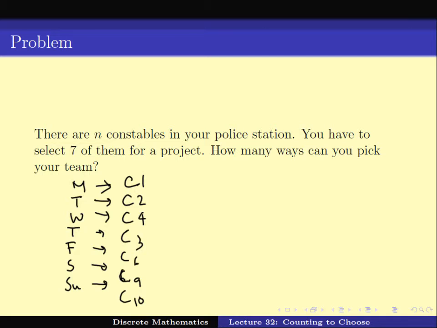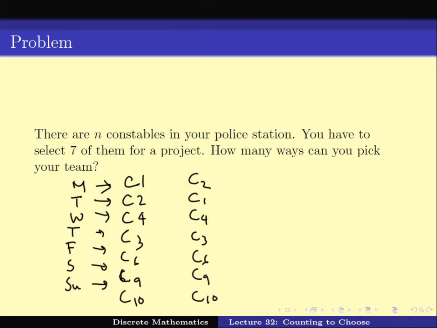Now this is one way of, in the earlier problem, assigning the 7 constables to 7 days. But then in that problem, even this one was a different way of assigning constables. What I have done is that I have swapped these constables for Monday and Tuesday. Note that in the earlier problem, the two were different.